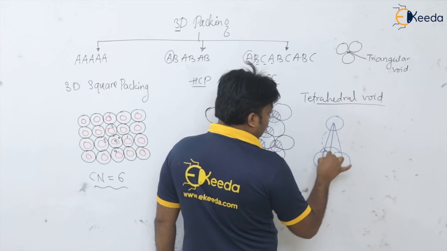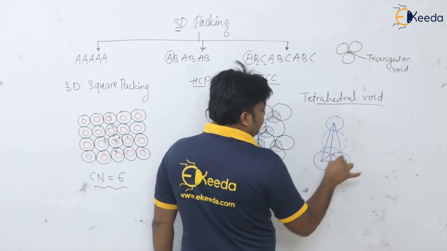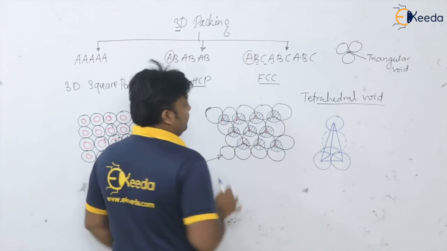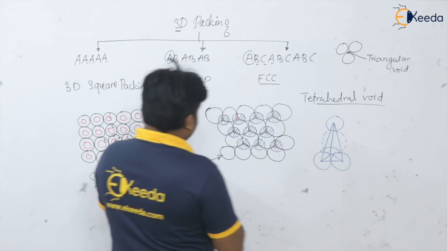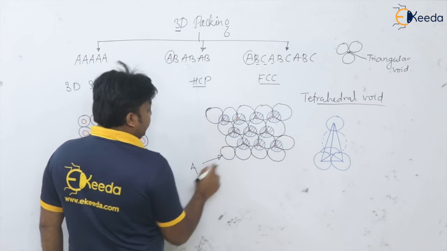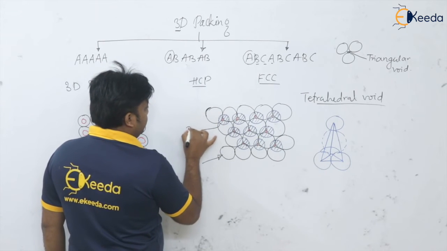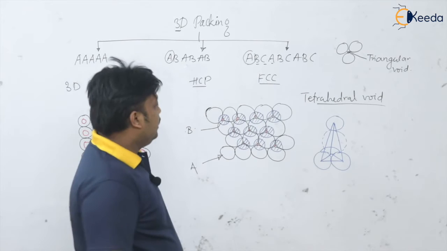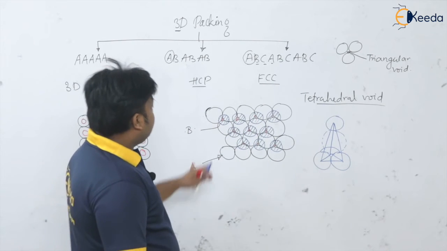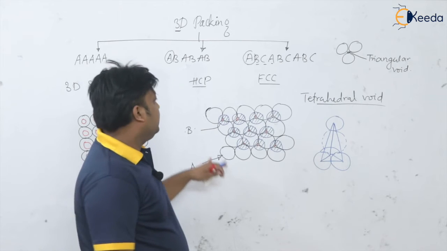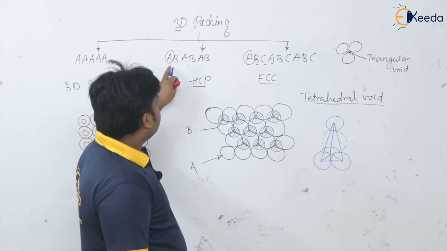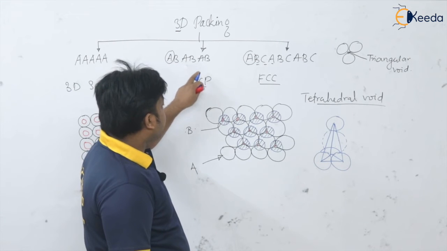See, this is the tetrahedral void. Now I am going to cover this void with this atom. The layer formed above layer A is our layer B. So all the tetrahedral voids are getting covered. This structure is our 3D HCP having the sequence AB.